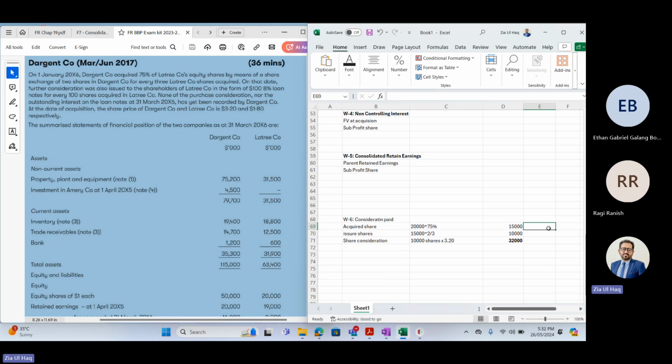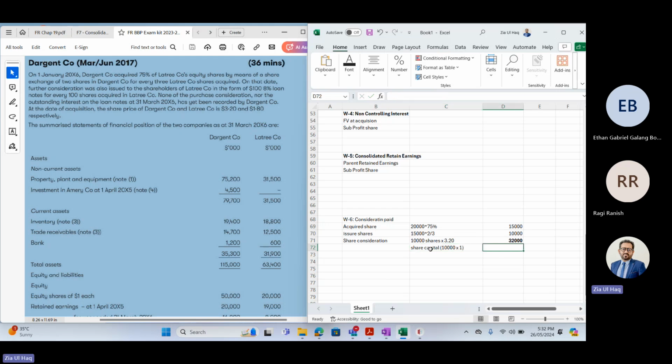And out of this 32,000, there is some part of share capital, some part of share premium. How much is the share capital in that? 10,000 shares you have issued, multiply by 1.